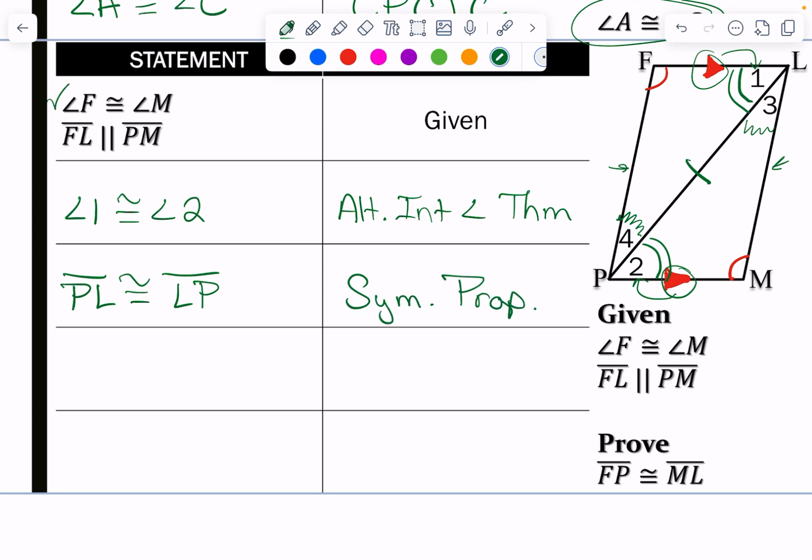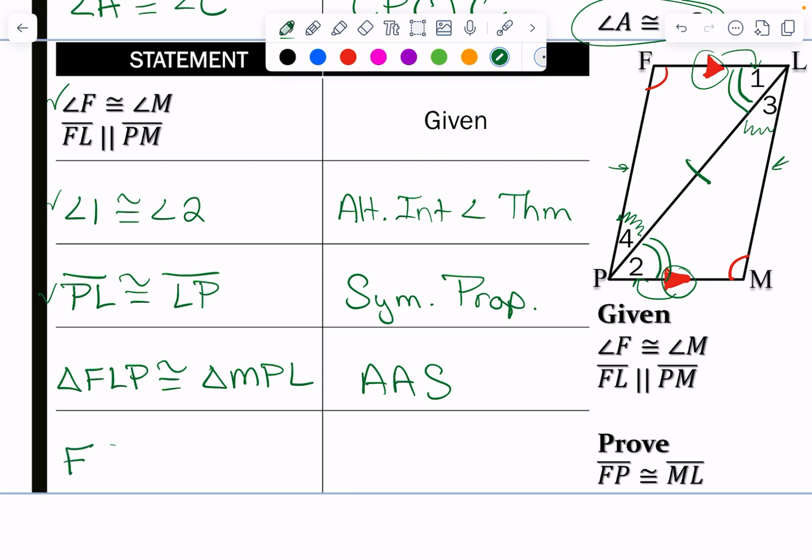Now, if you look, you got an angle, and a side, and it's not the included. So now I have triangle FLP congruent to triangle MPL. And that is by angle, side, because the side is not included.